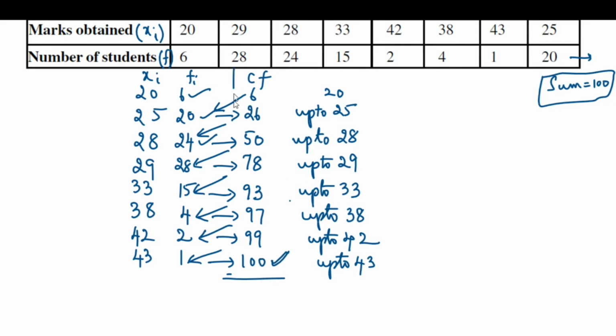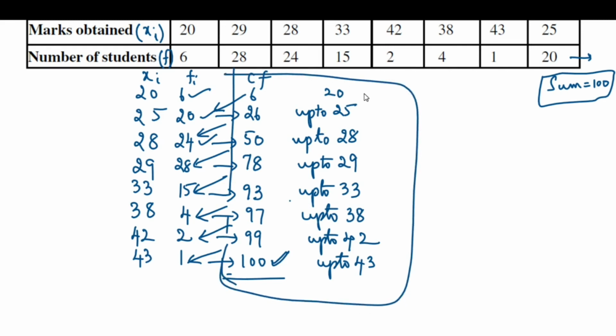If we write these cumulative frequencies and the observations giving the higher limits here, if we write in this way, this is called cumulative frequency table. Here we are taking the cumulative frequencies for lower values of the observations up to the highest value here. So this type of cumulative frequency is called less than type cumulative frequency.